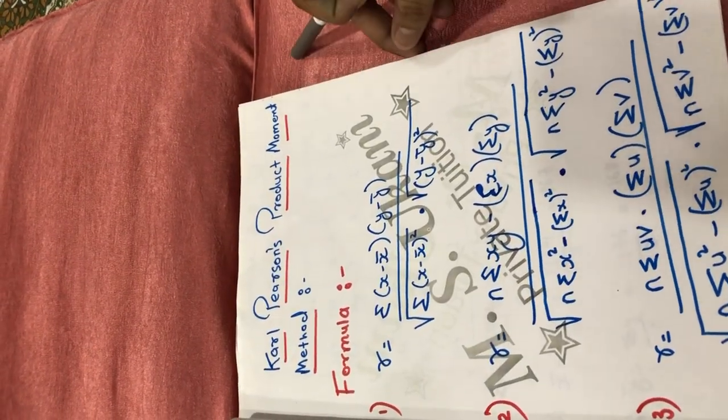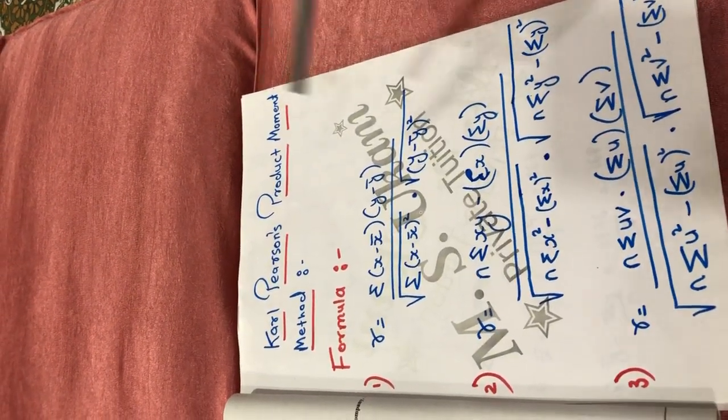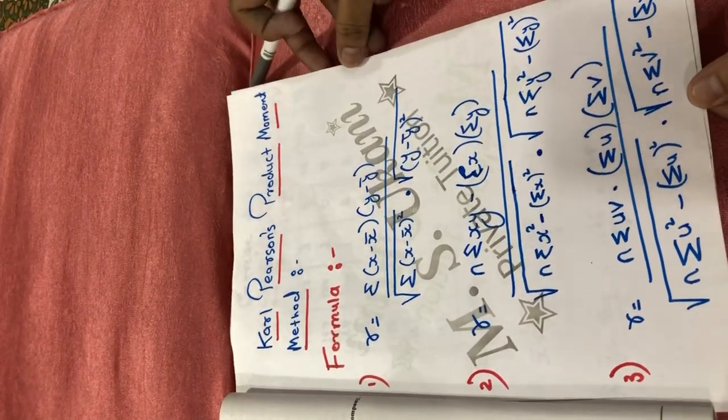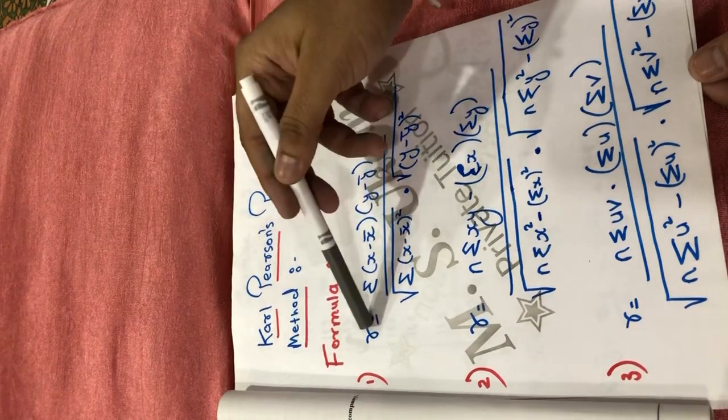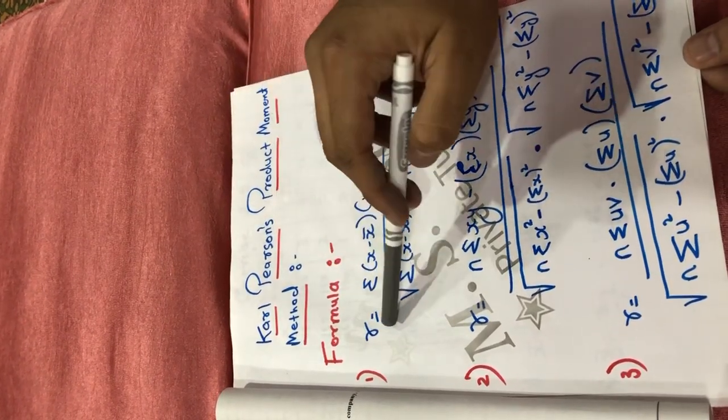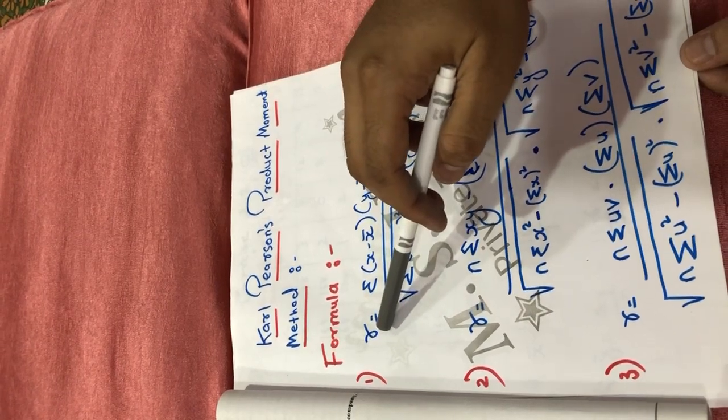So there are total 3 formula for calculating Karl-Pearson product moment method. The first formula is R. As you know, the symbol R means correlation coefficient.